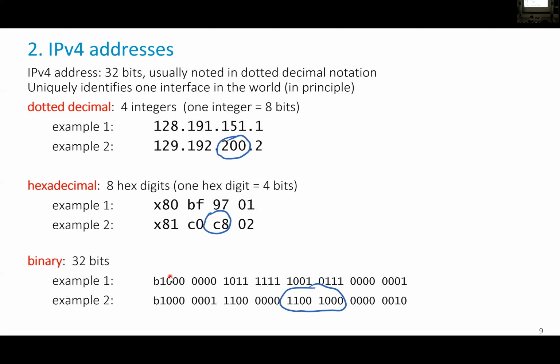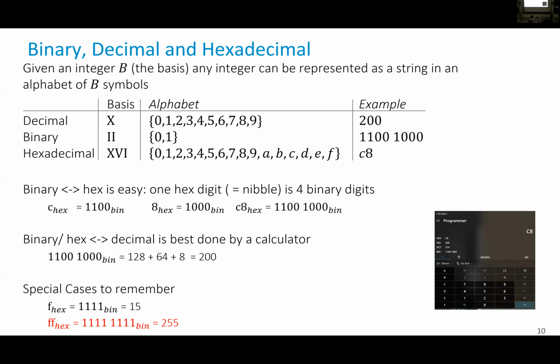You might start with the most significant bit on the left here. So we see a block in dotted decimal notation corresponds to 8 bits, and a block of 4 bits corresponds to 1 hexadecimal digit. That's a jugglery we will need to be always doing, so it's better to get used to it.